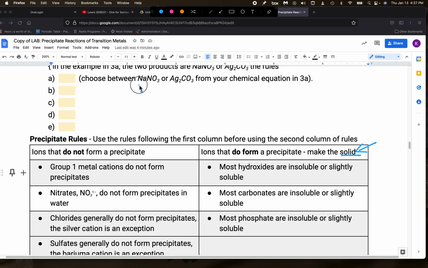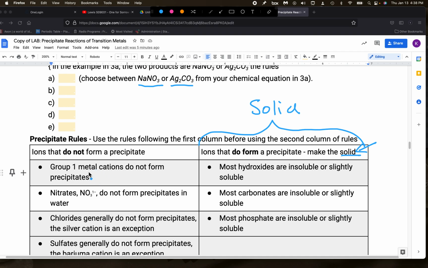So one of these will follow these rules, and whichever one follows these rules, right here, this forms a solid. And that's what this question is asking. Which of these forms a solid? So you go through the rules. If it's one of these rules, you go, oh, it's that one, and you put it here. If it's one of these, then it can't be that substance.